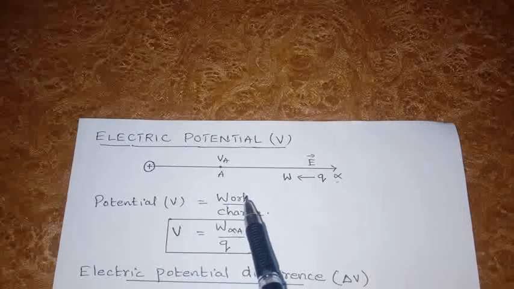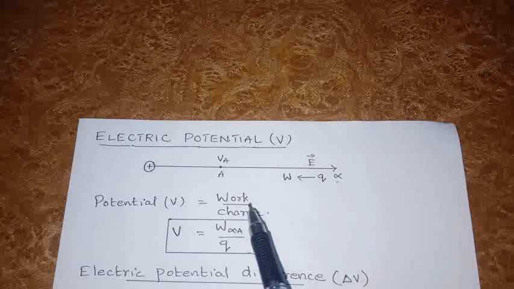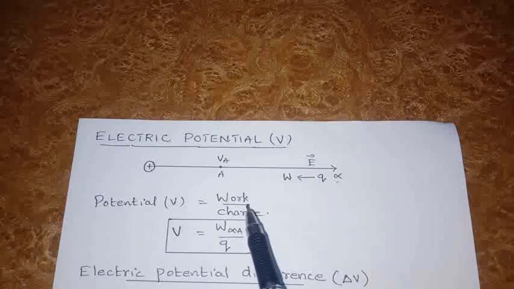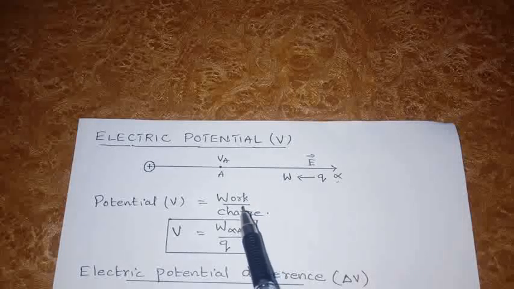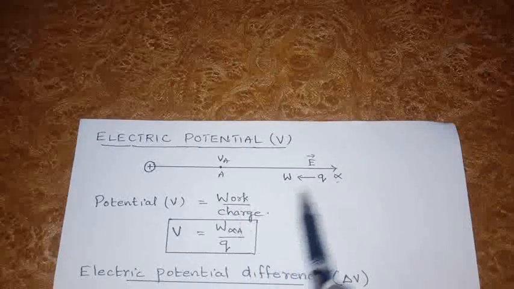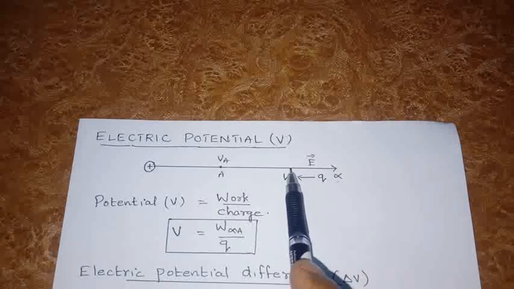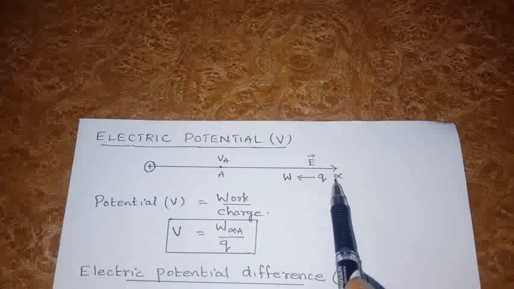External work is needed for that. This is similar to masses never going up against gravity. External work is needed in order to move a mass from the bottom of the mountain to the top. Similarly, in order to move this positive charge against the electrostatic field, external work is needed.